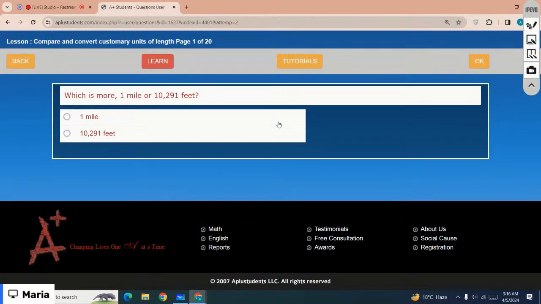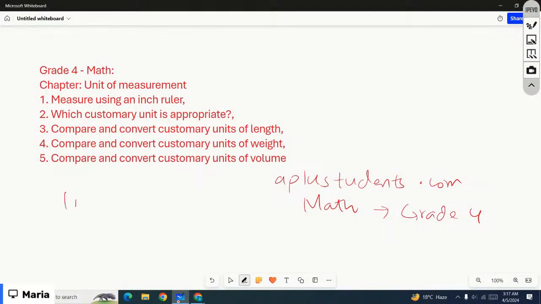No talking. Which is more, 1 mile or 10,291 feet? Which is the correct option? 1 mile equals how many feet? 1 mile equals 5,280 feet. You can note this down, right? So which is more?